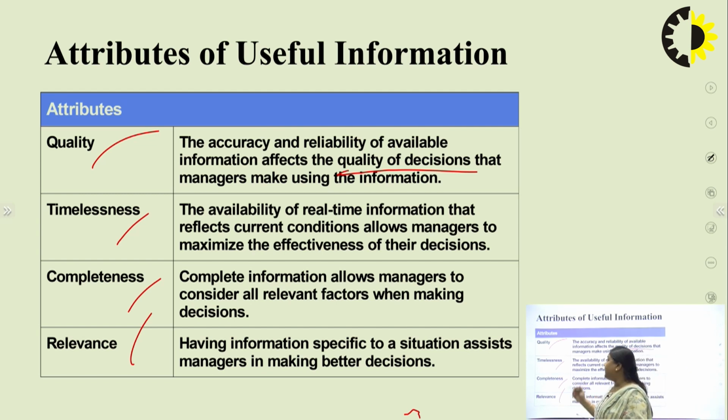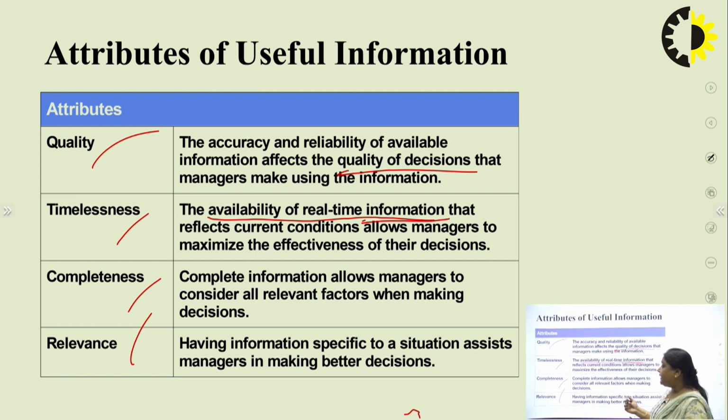The second one is timeliness: the availability of real-time information that reflects correct conditions, which allows managers to maximize the effectiveness of their decisions. So, the time in which the managers in an organization get information from an information system, the availability of real-time information, affects the decisions made by the leaders or managers.